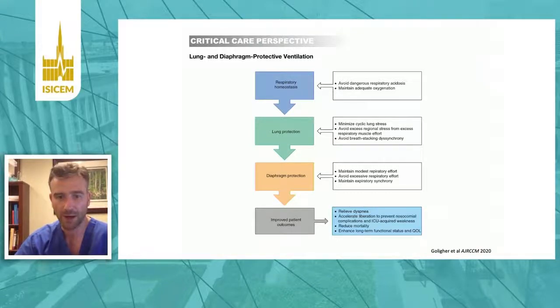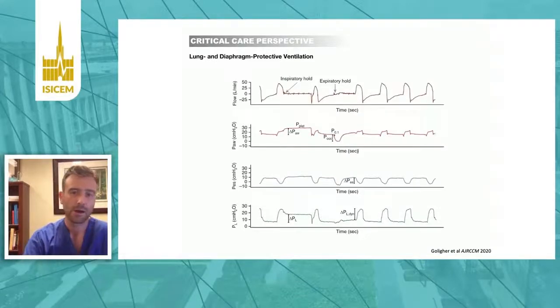We can, by attending to respiratory drive and effort, recognize and relieve dyspnea, which is an important clinical problem in respiratory failure. We can potentially accelerate liberation to prevent nosocomial complications and the development of ICU-acquired weakness, potentially reduce the long-term risk of death, and improve long-term functional status and quality of life.